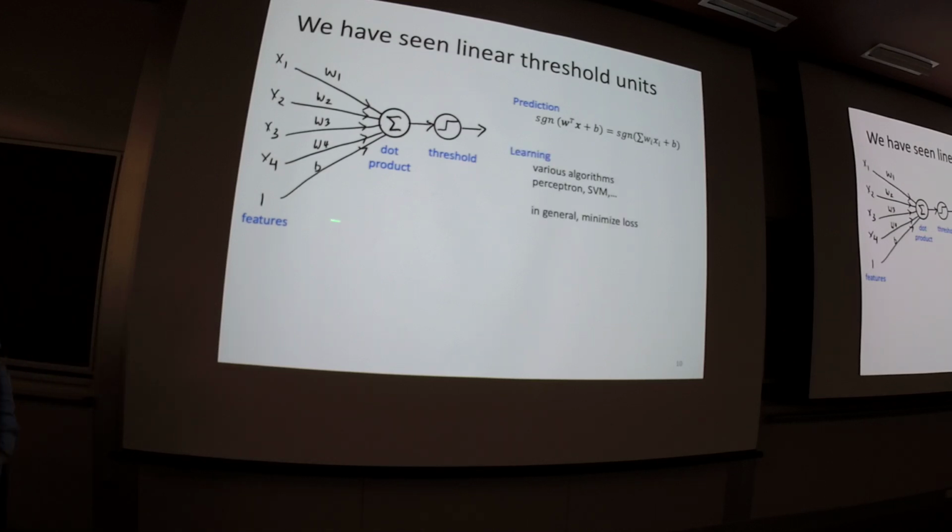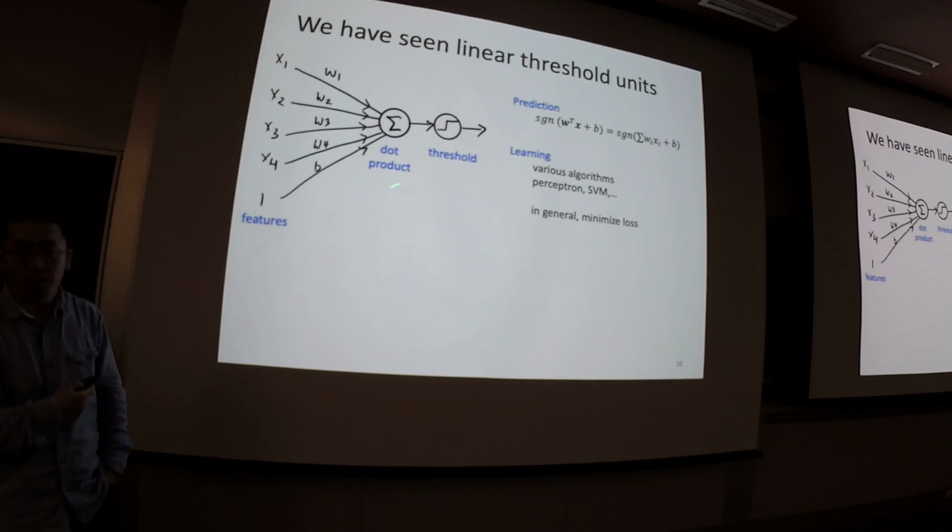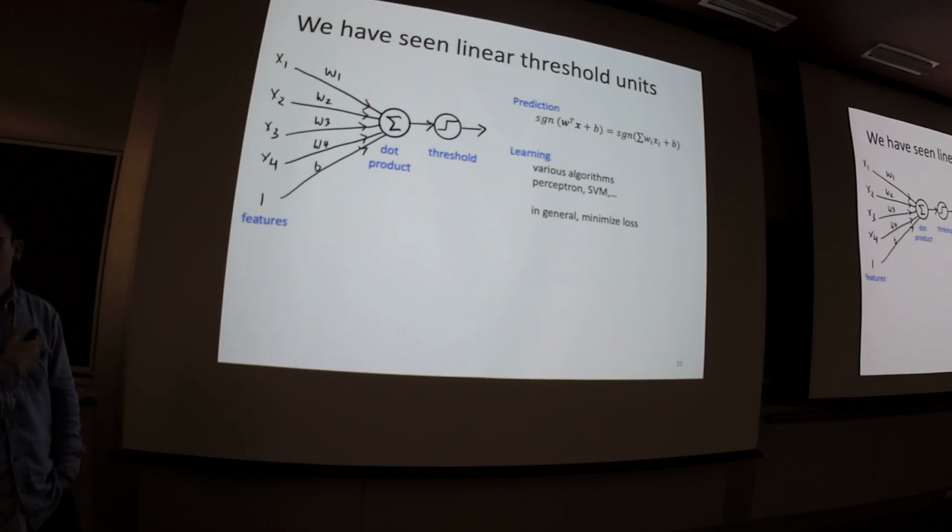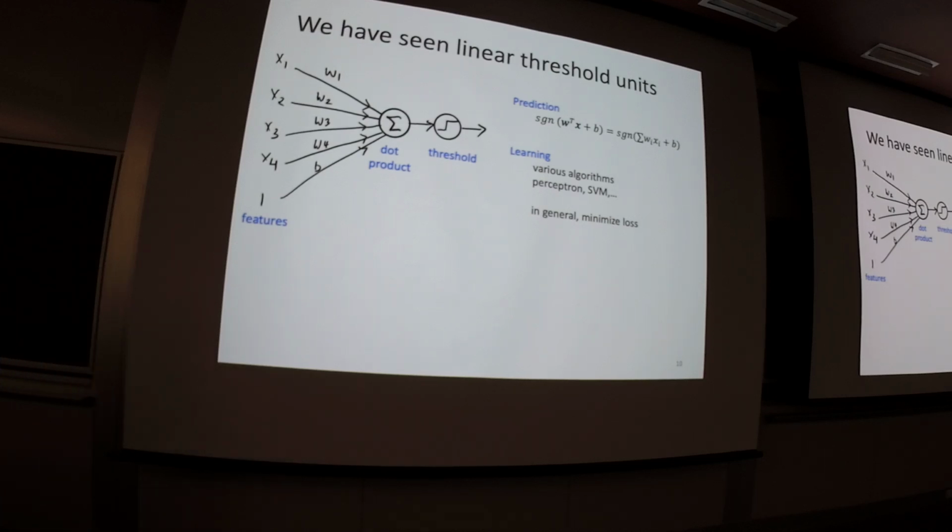Okay. So to learn the parameters on this graphical structure, the parameters include edge weights. We have various algorithms, like perceptron, SVM, and you can invent your own learning algorithms. Right? So basically, you just minimize some loss.